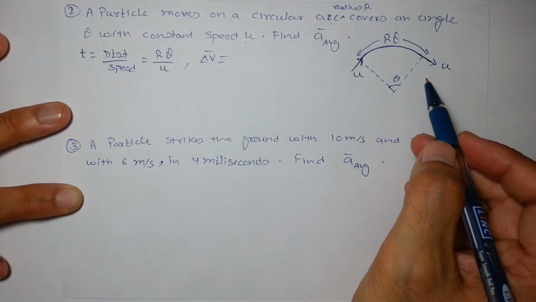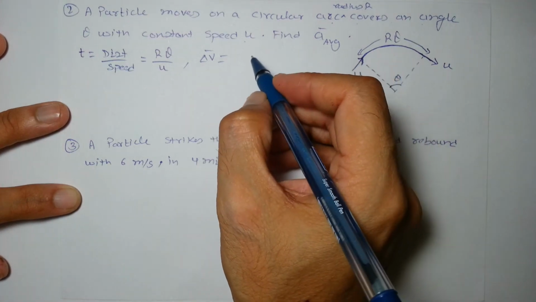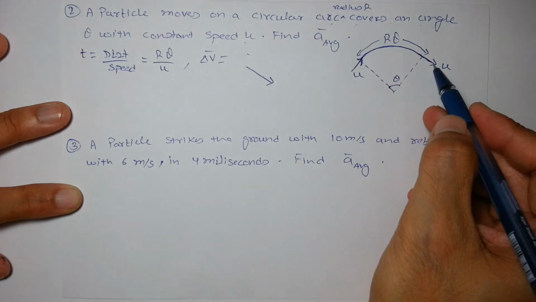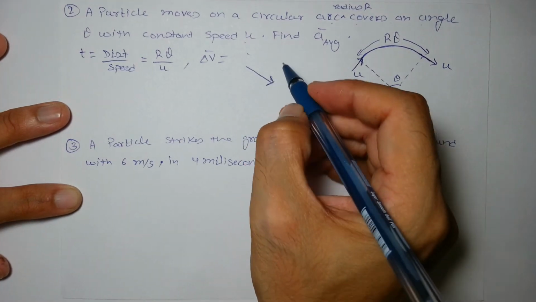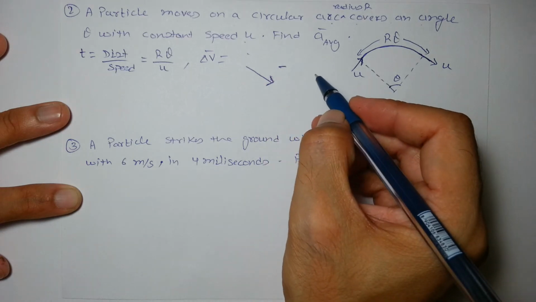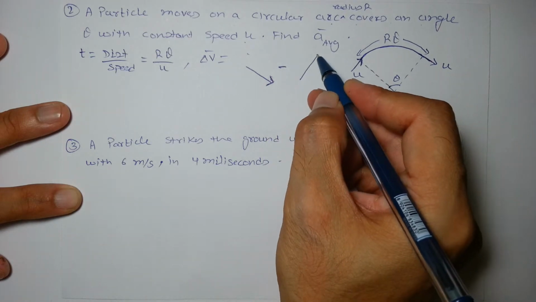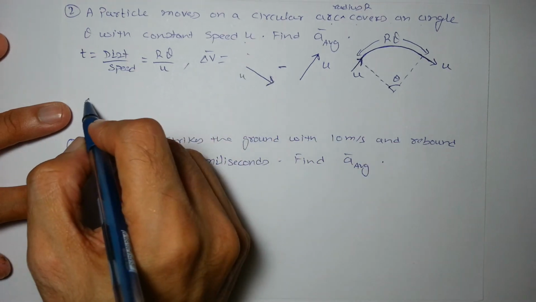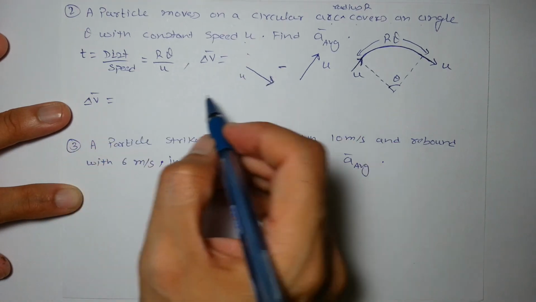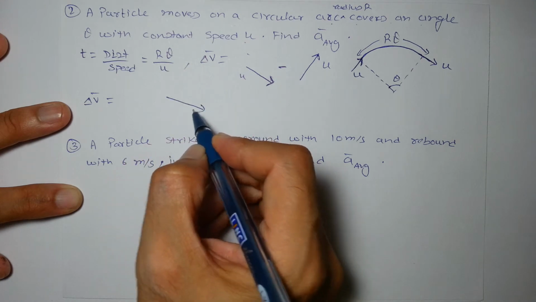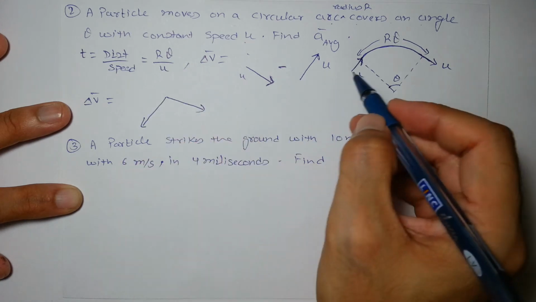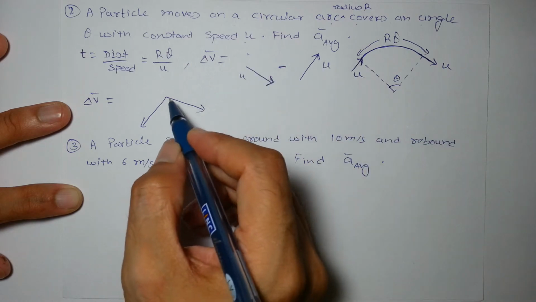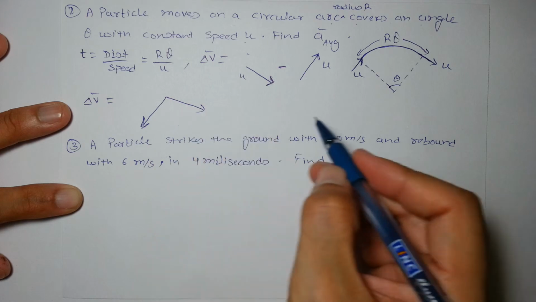The change in velocity is not zero. Change in velocity is final velocity minus initial velocity. So just take the vector sum: this is the initial velocity, this is the final velocity, and final minus initial is obtained by reversing the direction of the initial.